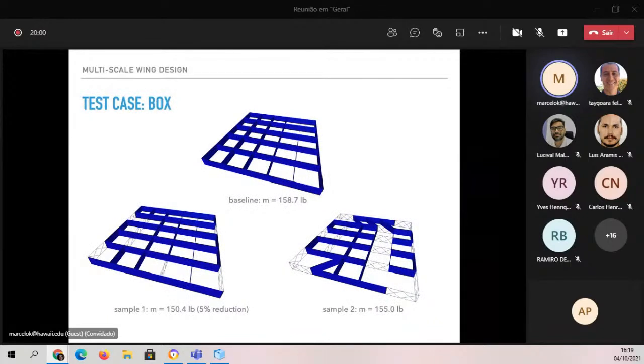This is a reduction with respect to the best design that we found using regular spars and ribs for the single level. Okay, so it's a 5% reduction over an already optimized single level structure.